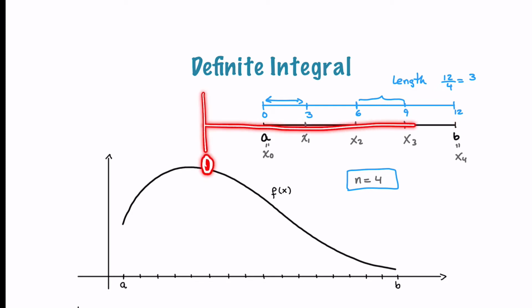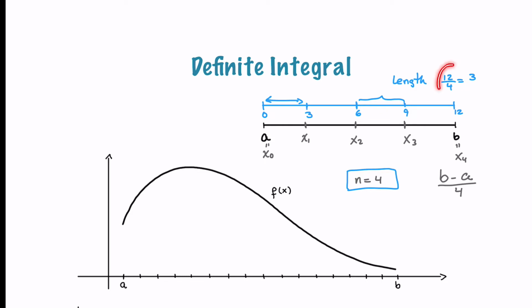You would have to take B minus A. That is the length of this interval. So to partition the interval AB into 4 pieces, you take the length B minus A and divide it by 4. Just like we did here, only that because it starts at 0, it is just 12 minus 0 over 4.